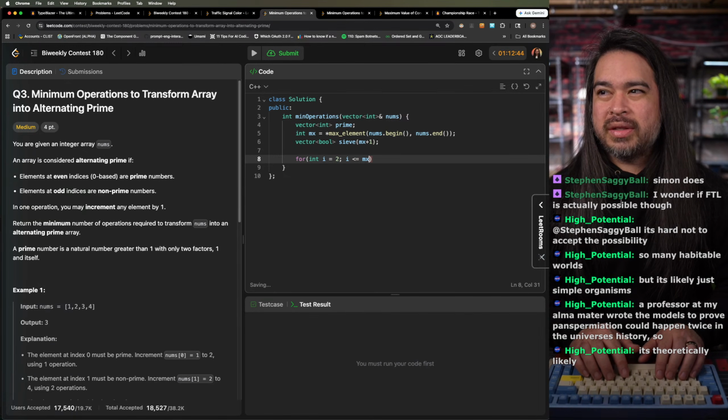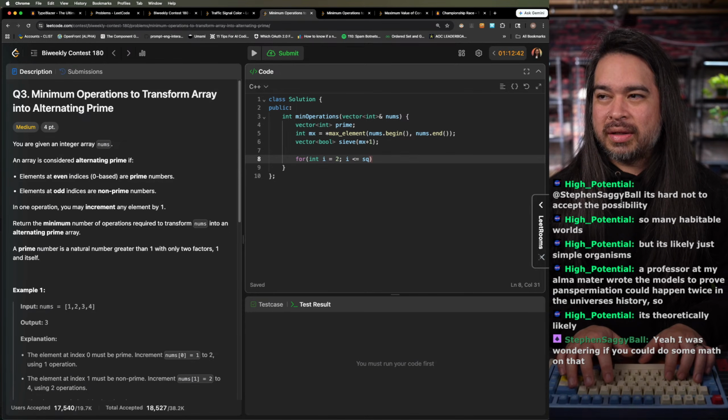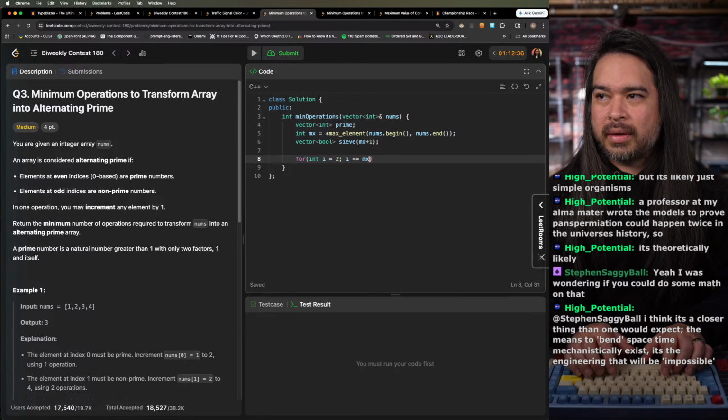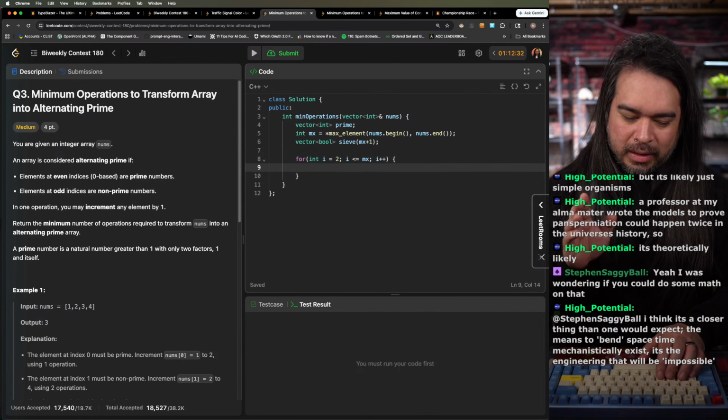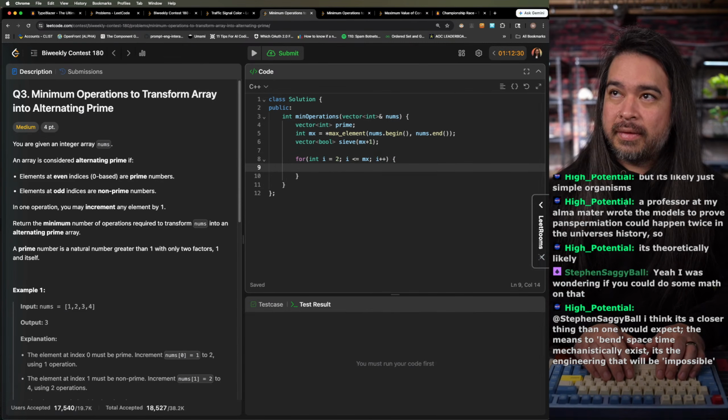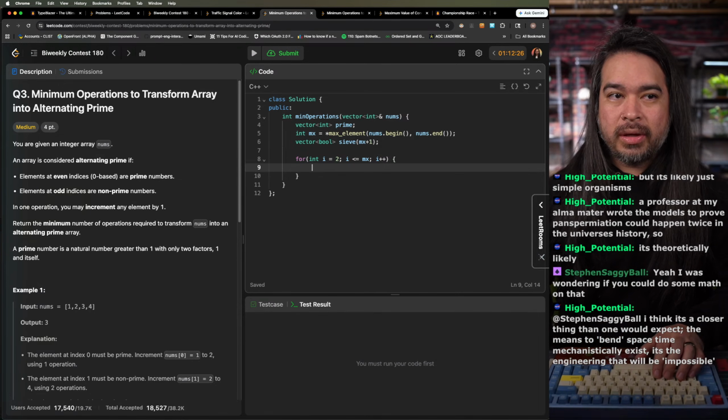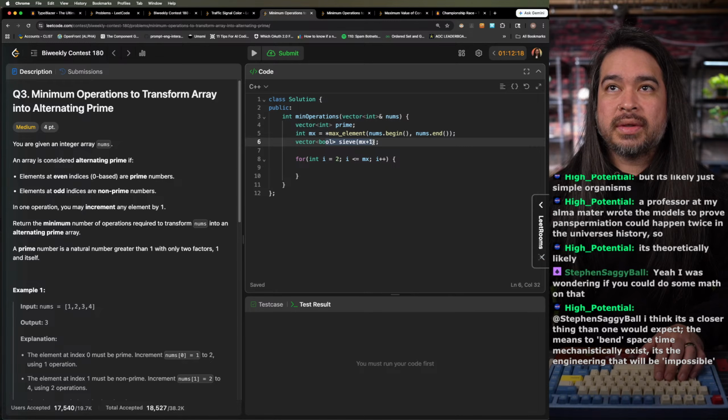Do you go all the way to the max? Yeah, I want to just go all the way up to the max. I don't remember how to, but it's like, if, hold on. It's like, if this is false, then it's a prime number.